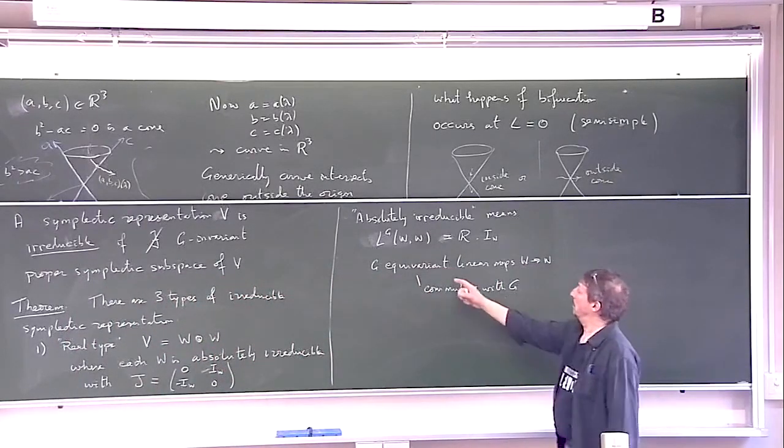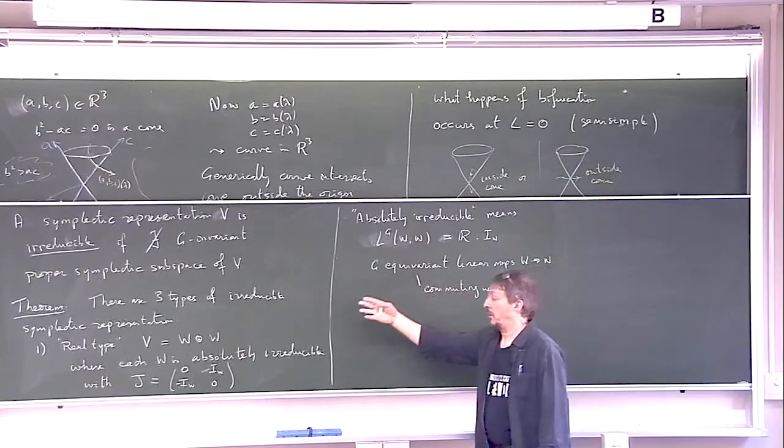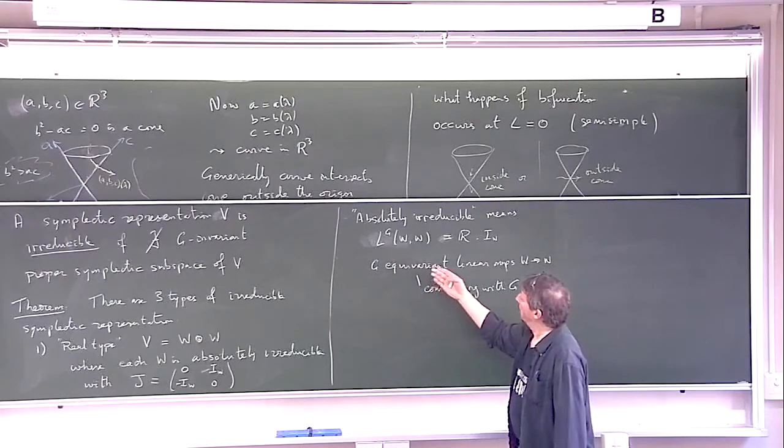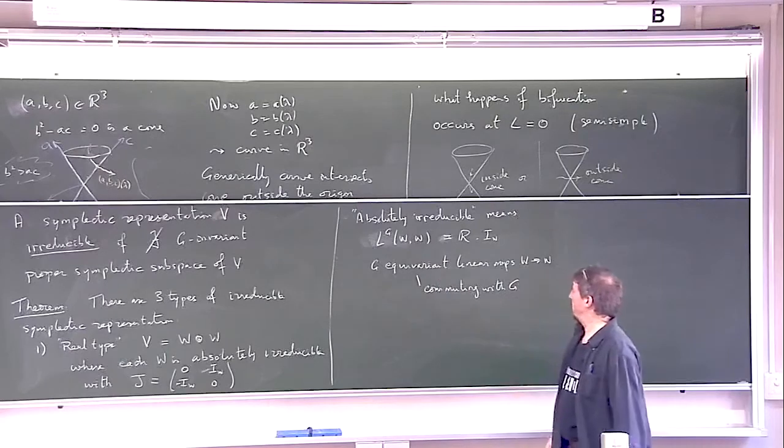So it's important to know what the set of linear maps are that commute with G.